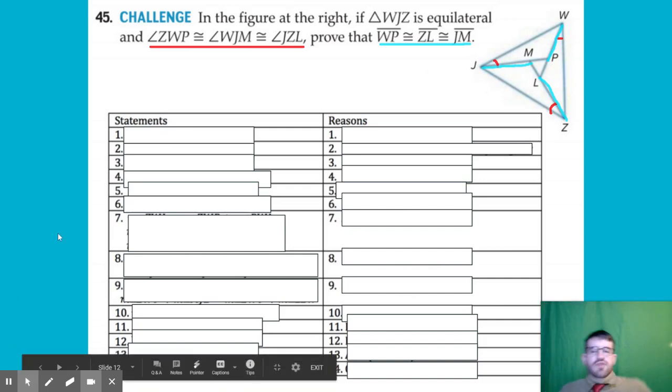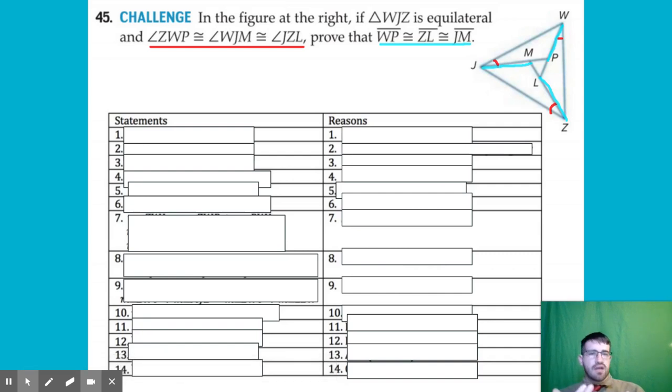And if we're looking to show that segments are congruent, we're going to try to show that triangles are congruent as of right now, because we have triangles within triangles within triangles. It's triangleception right here. But once we show that we have triangle congruence, we could potentially use CPCTC.